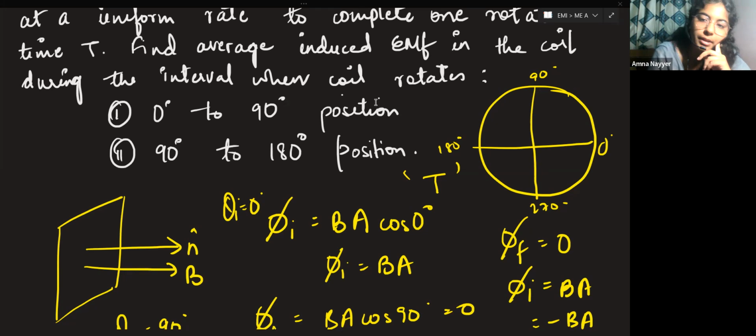Hiba, you tell me. If we start from 180 degrees to 270 degrees, what should be the time period that we should choose? 180 degrees is the initial position of the coil.